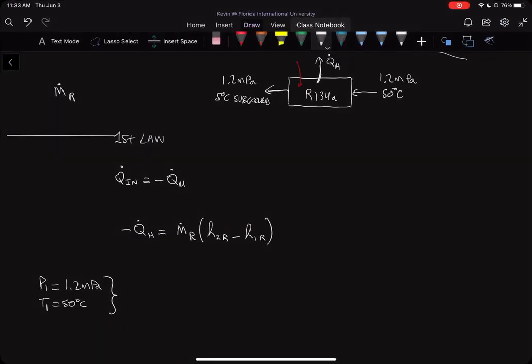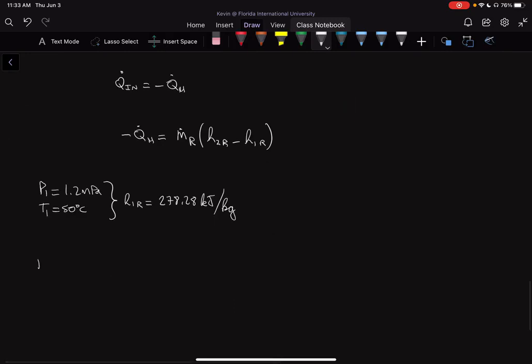So we're going to write h1 is equal to 278.28 kilojoules per kilogram. We now are going to find P2 and T2. From P2 and T2, we're going to find h2R. P2 is 1.2 once again, and T2 is actually Tsat minus 5.